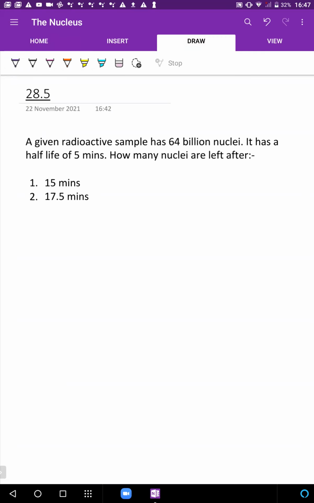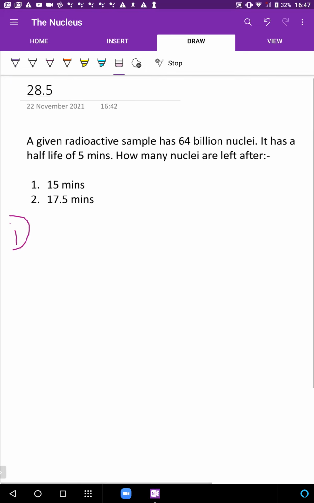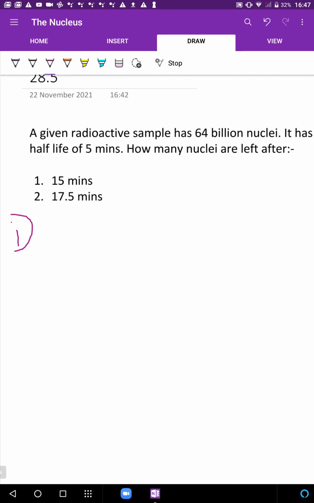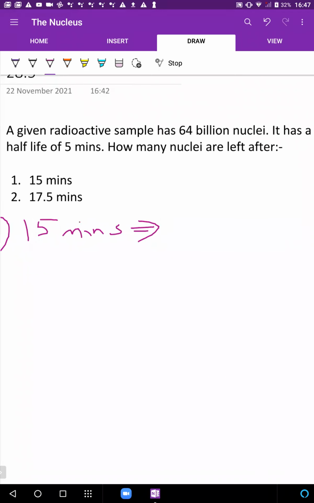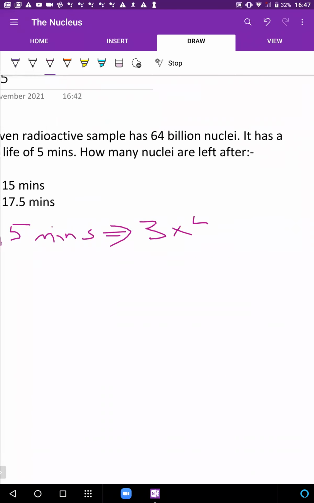So it's like 3 half lives. This one can be done just orally. You don't need to exactly use the formula. So for this first one, 15 minutes is basically 3 half lives, right? It's 3 into 5 minutes.